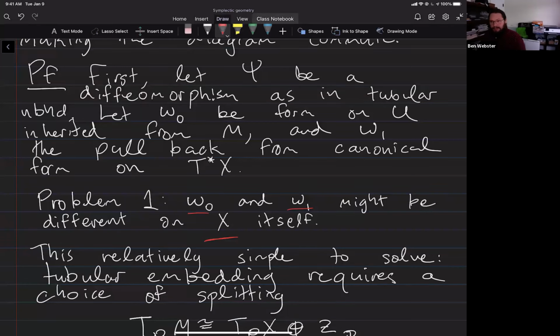And the reason is I actually have a bit of freedom in how I set up my tubular neighborhood theorem. And if I do it wrong, I won't get something that's even a symplectomorphism, that even gets the symplectic form right on X itself.